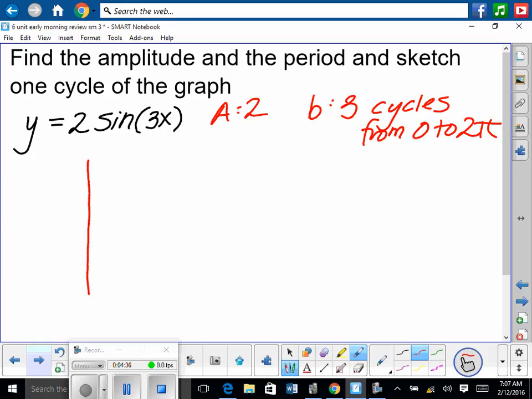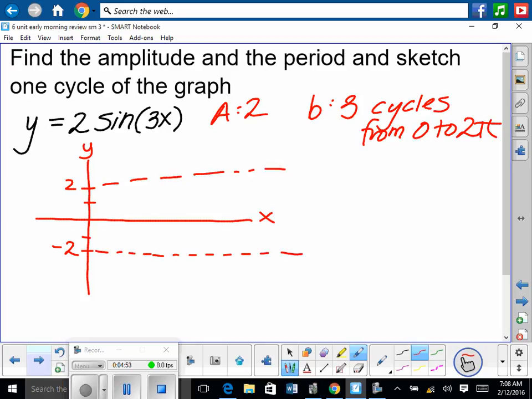So now we can draw in one cycle. So I draw y, x. Okay, so we're doing an amplitude of 2, so we're going up 2, down 2. I'm going to kind of draw in the dotted line so I don't go above it. And then we're drawing in 3. Well, it says draw in one cycle. So what I'm going to do personally is draw in 3 so I can make sure I label it all correctly.